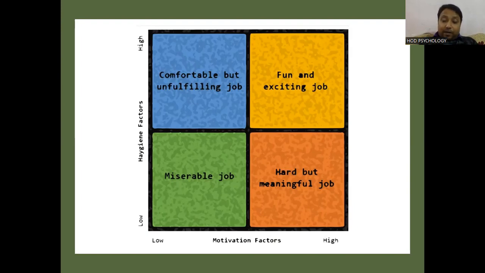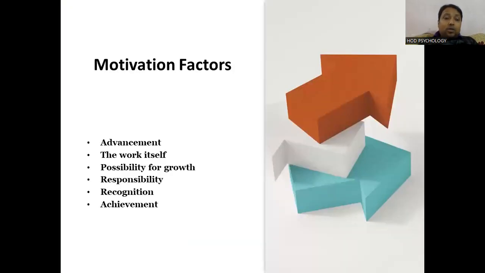Similarly, you can see the upper level. So what are the motivation factors? As I have mentioned in the beginning of this lecture, I narrated a few of the motivation factors.